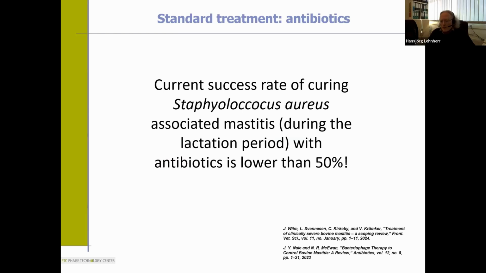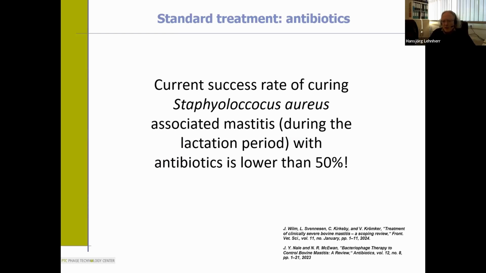And this is now really bad news for the cow, for the vet, and for the farmer, because a cow that cannot be cured of mastitis will be prematurely culled, with a lot of losses for the dairy industry. And now, as we're in a phage meeting, it's clear we would like to use bacteriophages to solve this problem.